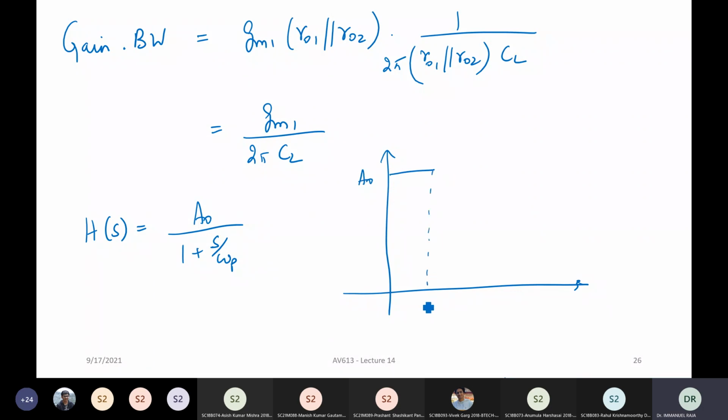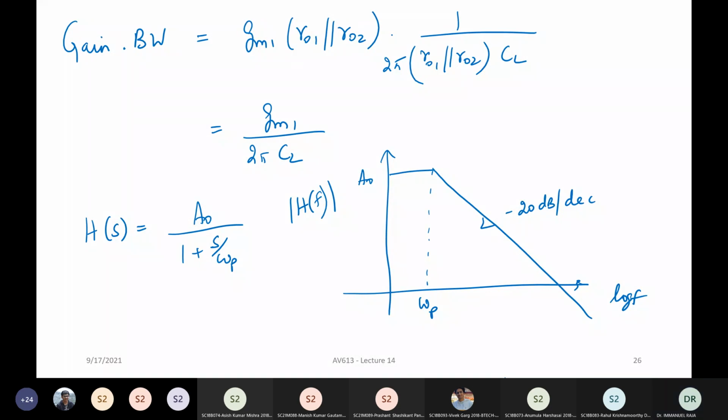You have omega P as the pole frequency. And you'll have a minus 20 dB per decade. The x-axis is log of F. This is magnitude of H of S, or H of F evaluated on the omega axis, right?